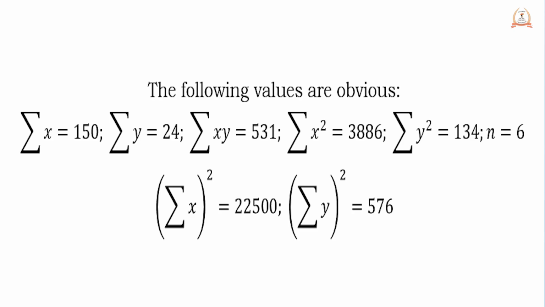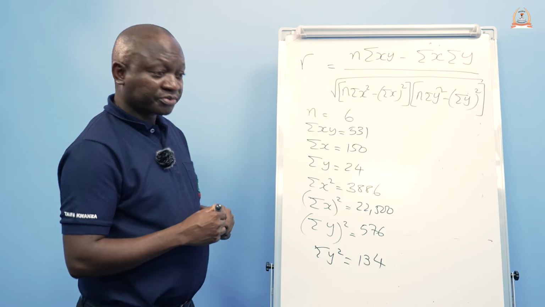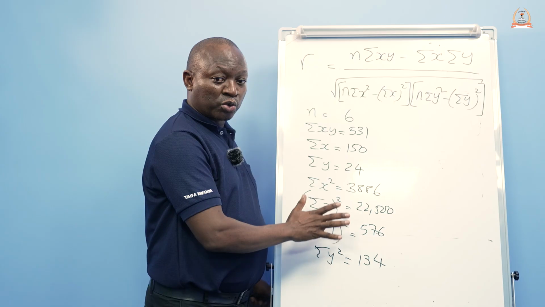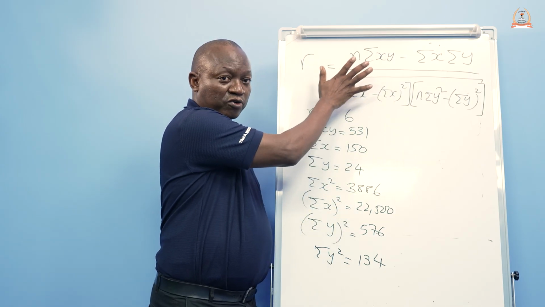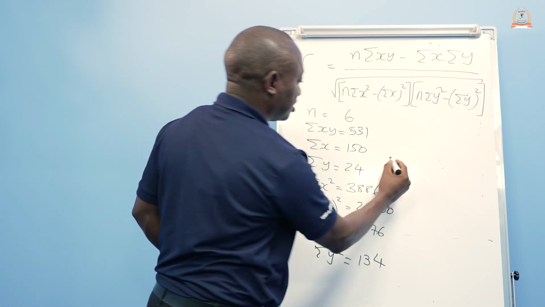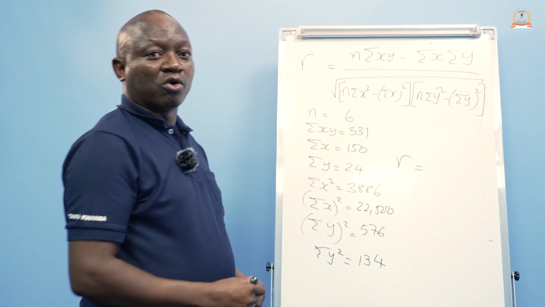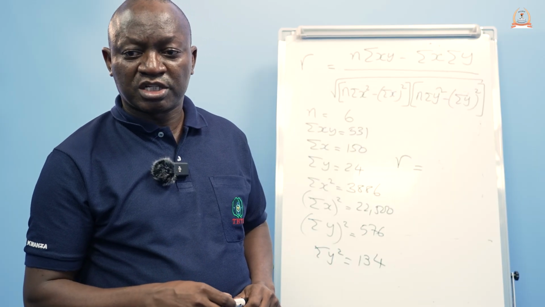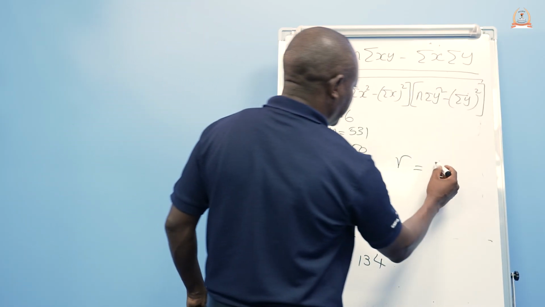The (sum of y) squared is 576. 531 is the sum of xy. The sum of x squared is 386. So once you get these, these are the values which, when you plug into this formula, then definitely you are going to get the value of R, the correlation coefficient, which is minus 0.96.